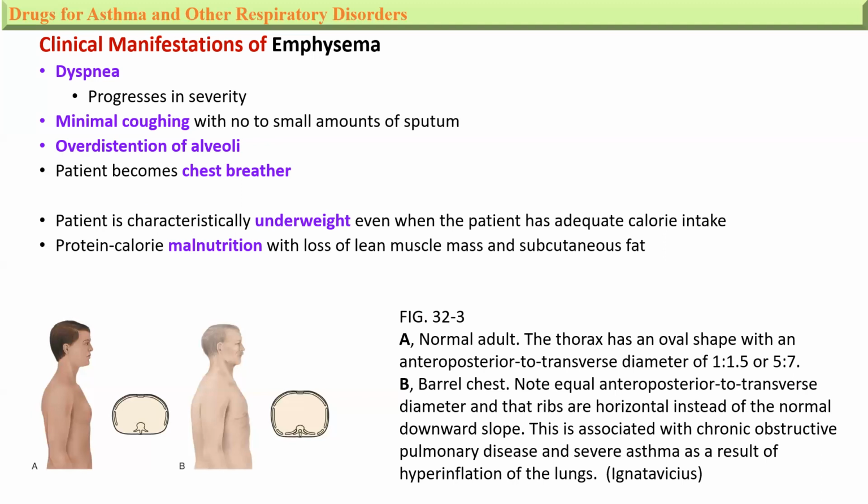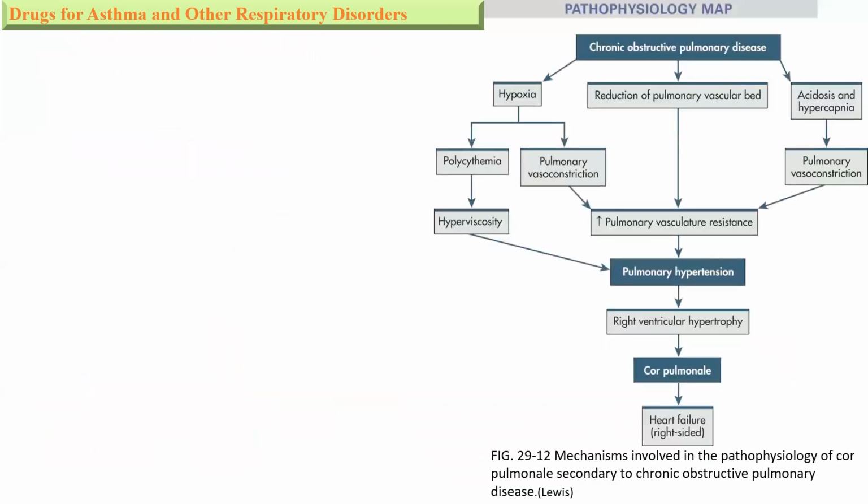So patients will develop protein calorie malnutrition with loss of lean body mass or muscle mass and subcutaneous fat.